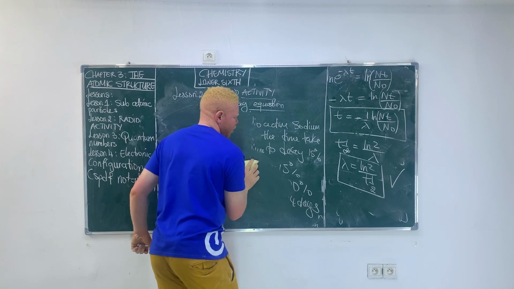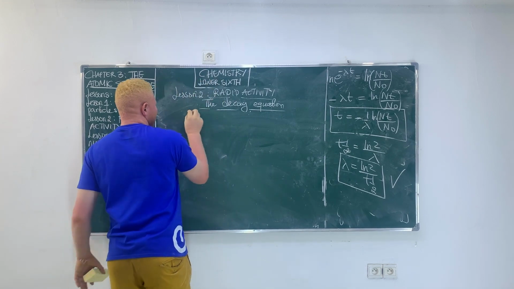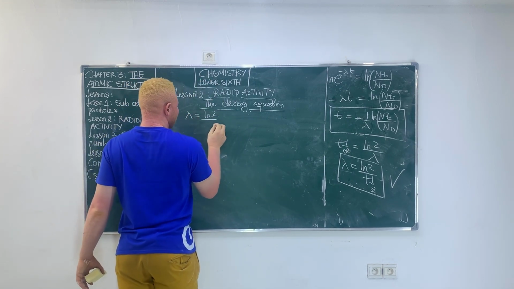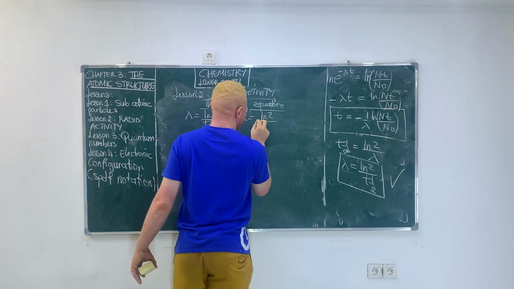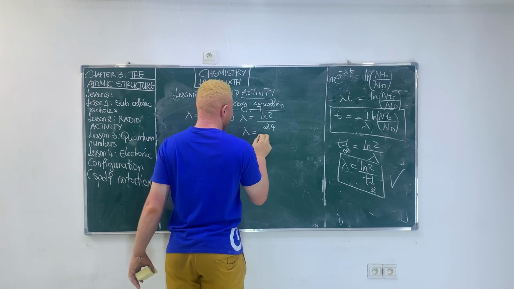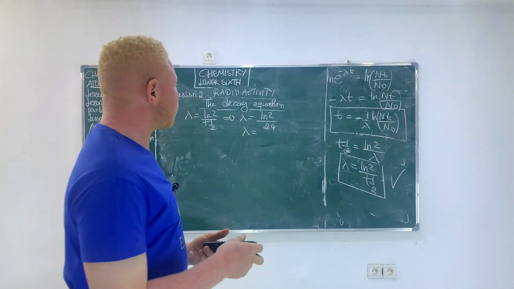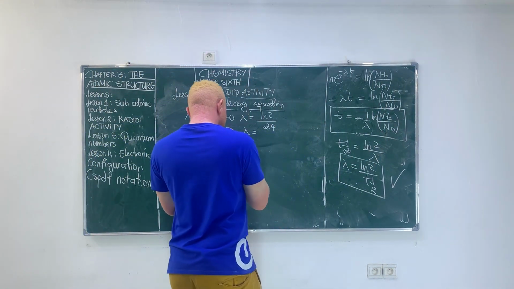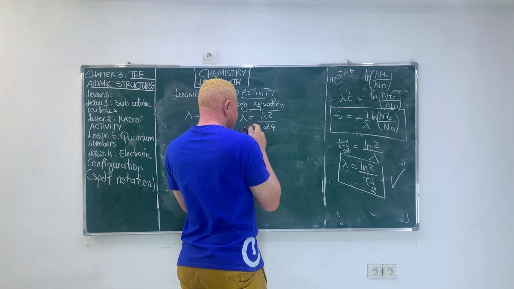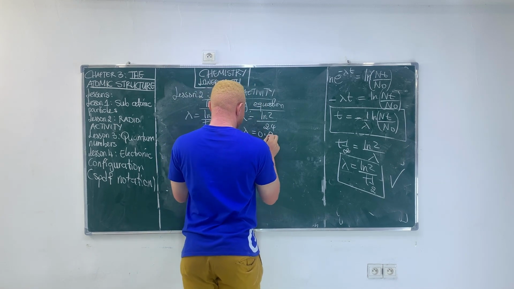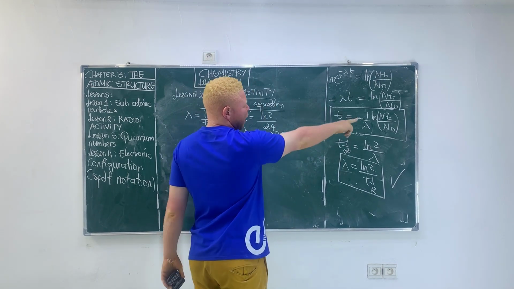Lambda is equal to ln 2 all over T half, which implies lambda is ln 2 over 24. Punch it in the calculator: ln 2 divided by 24, and our lambda is 0.029. That's lambda.